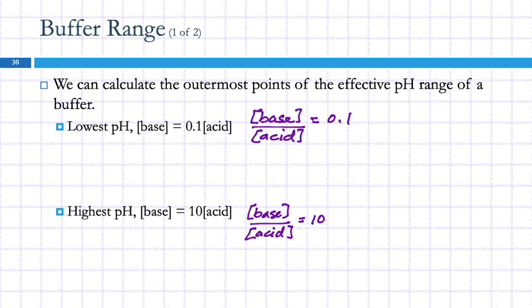So we can use the Henderson-Hasselbalch equation to calculate the pH of a buffer like this and one like this. So the pH is equal to the pKa. We don't know what the pKa is, and that's okay, plus the log of the base over the acid. Well, for this one, the base over the acid is 0.1.